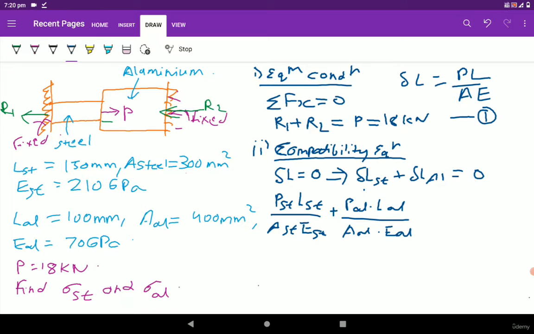So let's substitute the value of P steel.